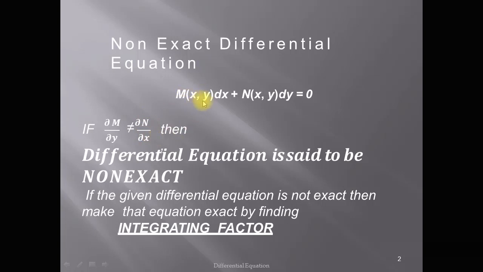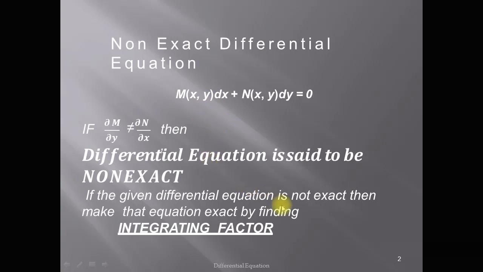The coefficient of dx is the function M, and the coefficient of dy is the function N. So if the partial derivative of M with respect to y does not equal the partial derivative of N with respect to x, then this differential equation will be non-exact.